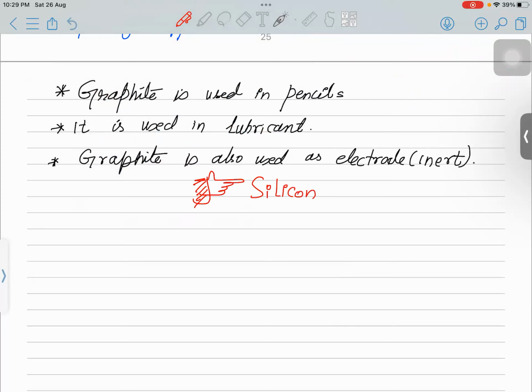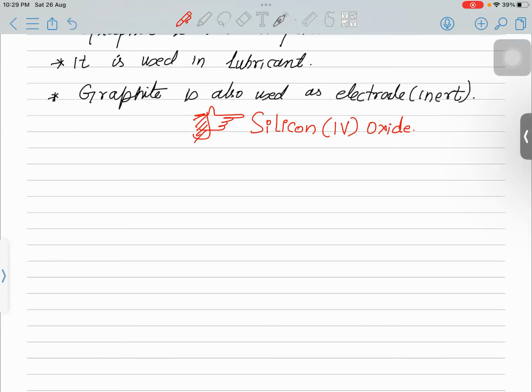Silicon oxide, silicon dioxide and silicon 4 oxide are all the same. SiO2 is the formula of silicon 4 oxide.